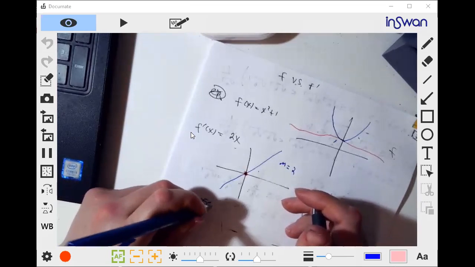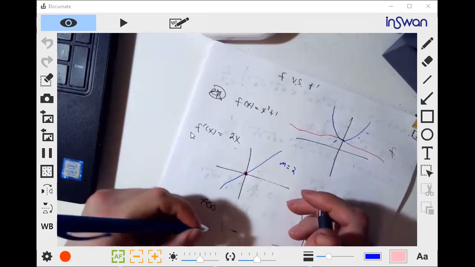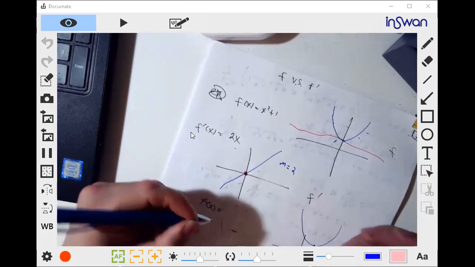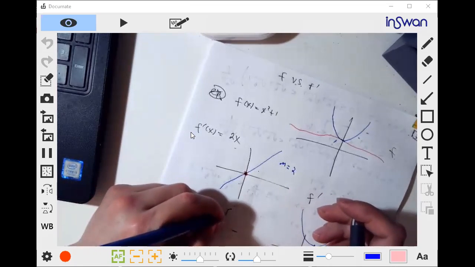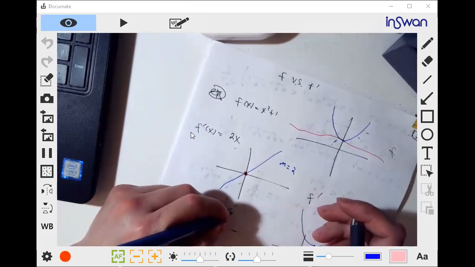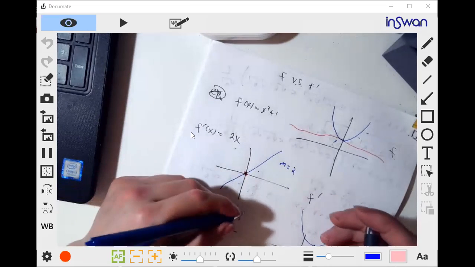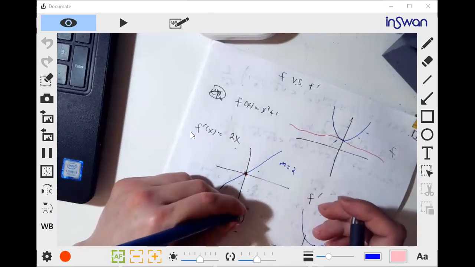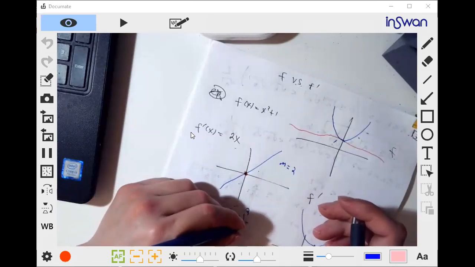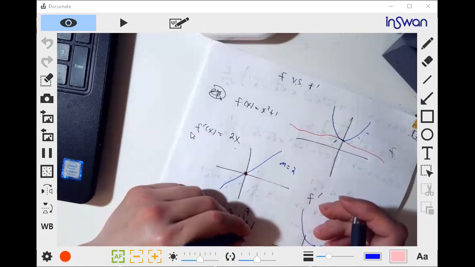So f of x ends up equaling x minus 1, because it's a shift to the right, quantity squared, and it's shifted up, so plus 1.